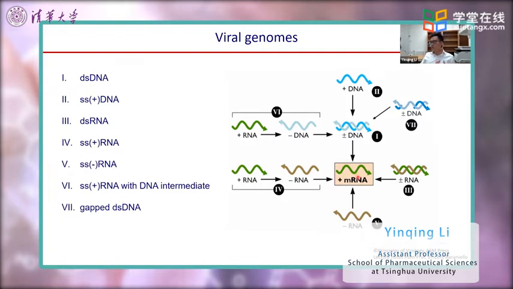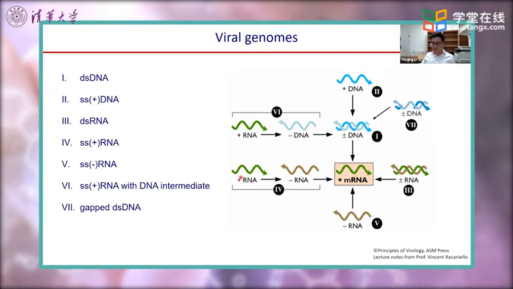So for example, the genome of a virus can be a positive strand RNA, and in this case, its genome has the same sequence as the messenger RNA. But when the virus needs to reproduce itself, it first has to turn into a negative strand RNA, the complementary sequence of its genome, and then the complementary sequence can serve as a template to produce many, many copies of its own genome.